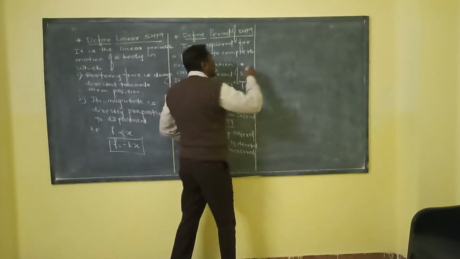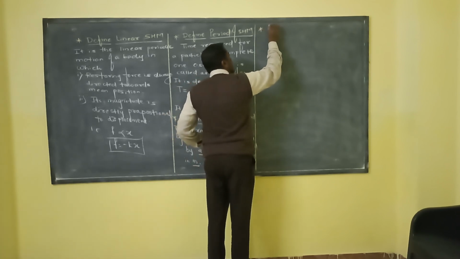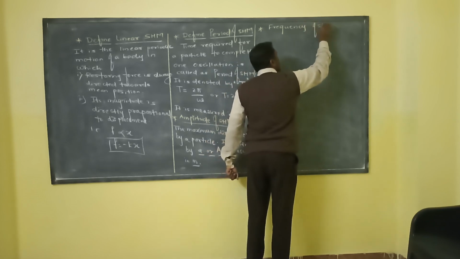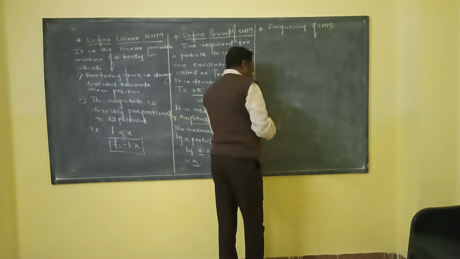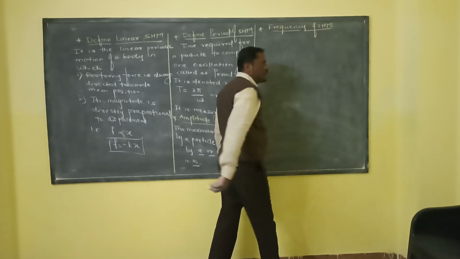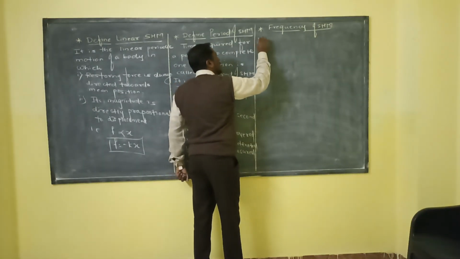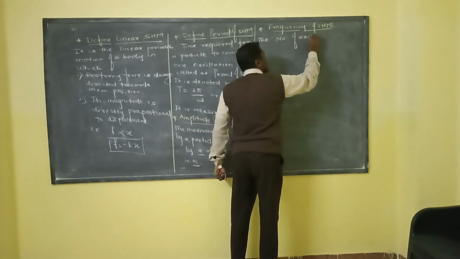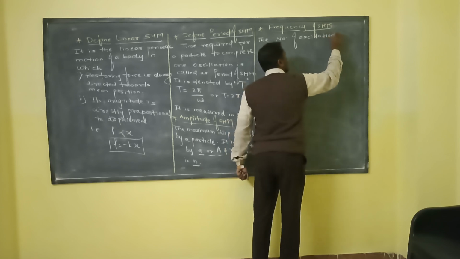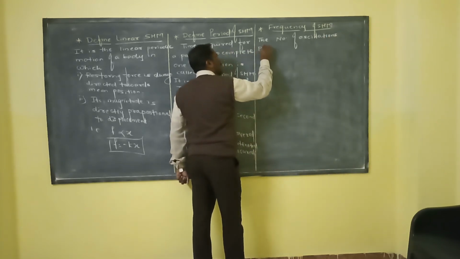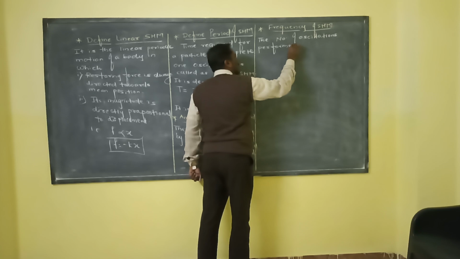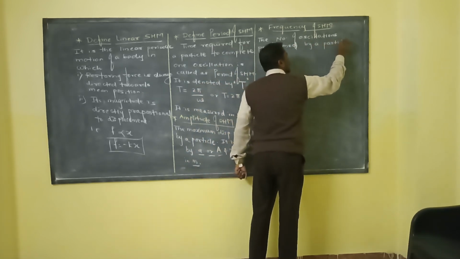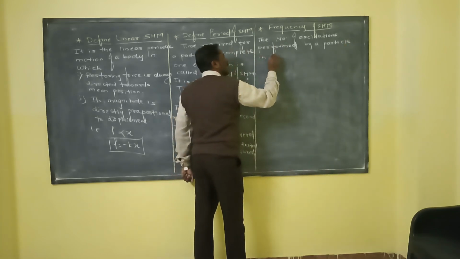Okay, now what do we understand by the term frequency of SHM? Frequency of SHM is nothing but the number of oscillations performed by a particle in 1 second.